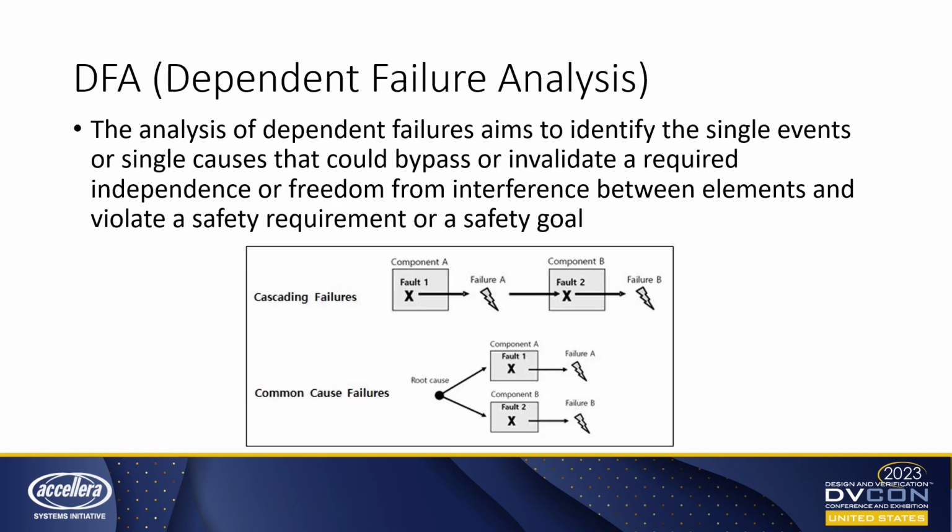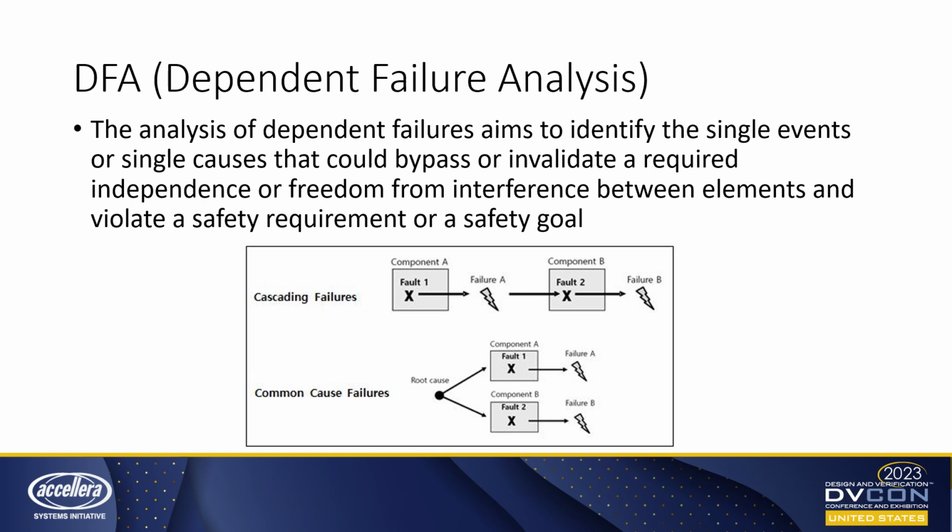The final process of SFA is DFA, dependent failure analysis. Through DFA, we can verify whether a specific fault can cause another failure, or mix with other failures to generate new failures, which should not occur.